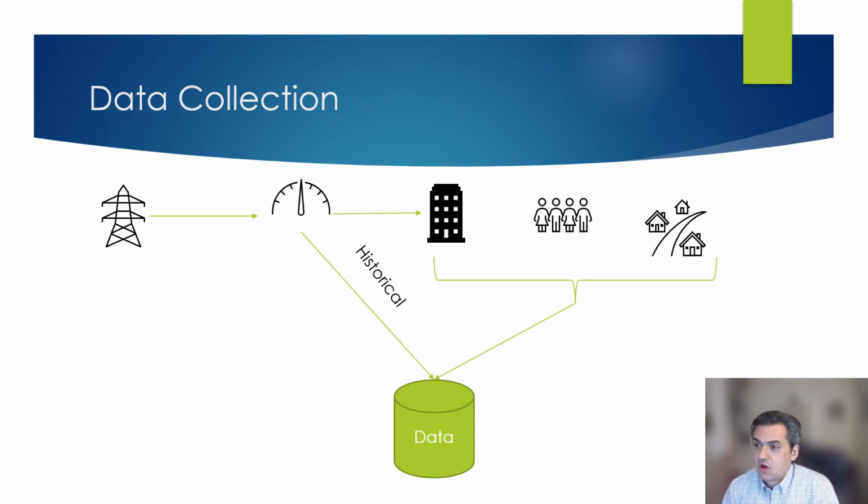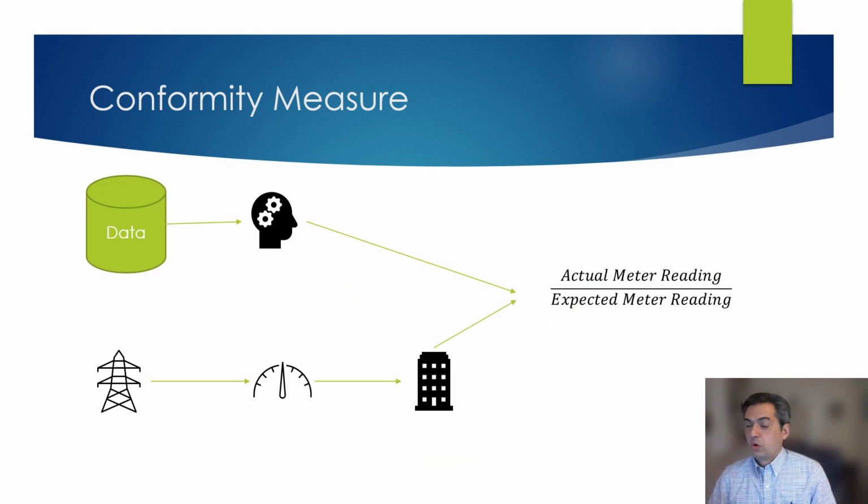Once we have the data set ready, then we can train a model to estimate the expected meter reading for a consumer and then compare that to the actual meter reading and create a conformity measure, the ratio of the actual meter reading to the expected meter reading. When this ratio is lower, that means that the meter reading is lower than expected.